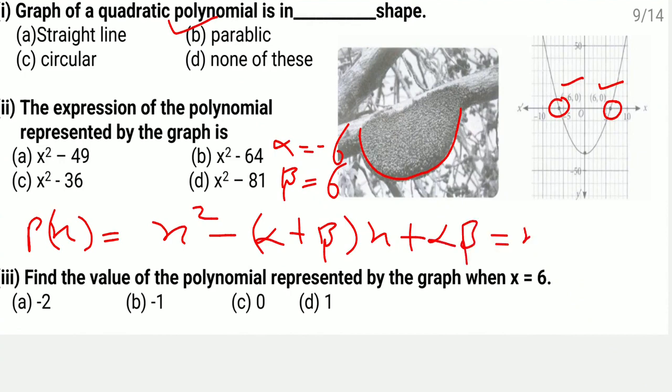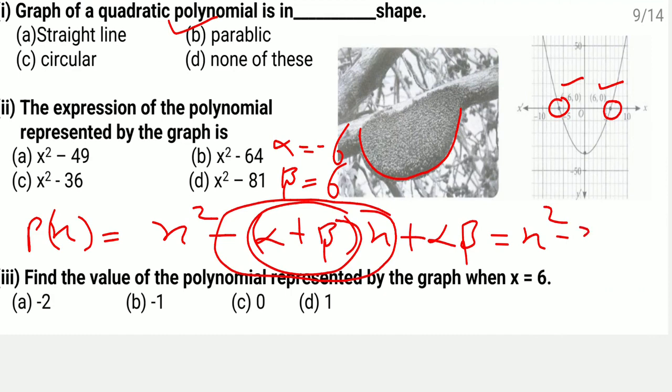So here alpha plus beta, minus 6 plus 6, will become 0. 0 into x is 0. So this whole term will become 0. So it doesn't have any value, so I'm not going to write down that. Plus 6 into, alpha into beta. It means that minus 6 into 6.